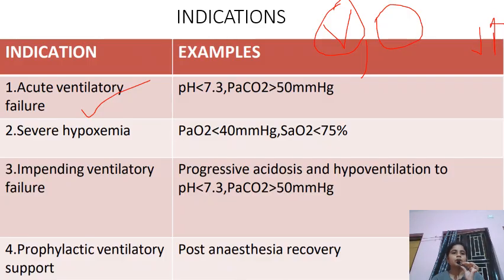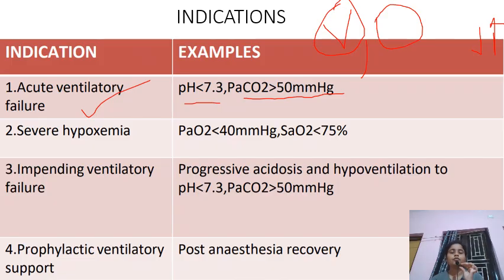So if the patient is not able to ventilate, if the patient is not able to expire the CO2 out of the body, what will happen? There will be CO2 accumulation. So CO2 will increase and the pH will decrease.